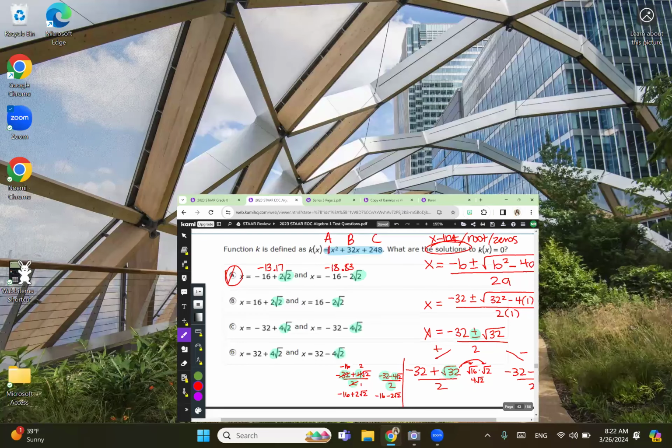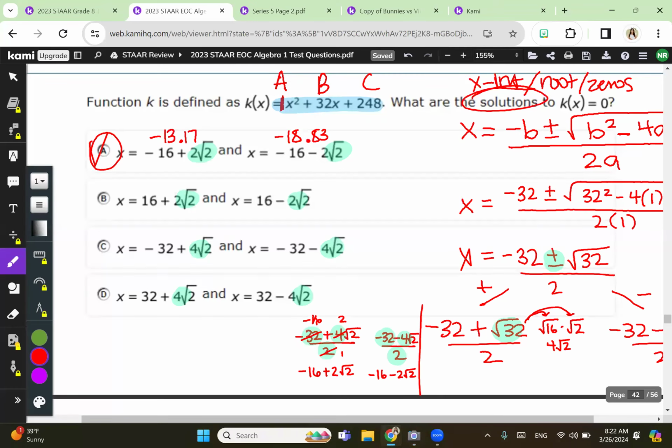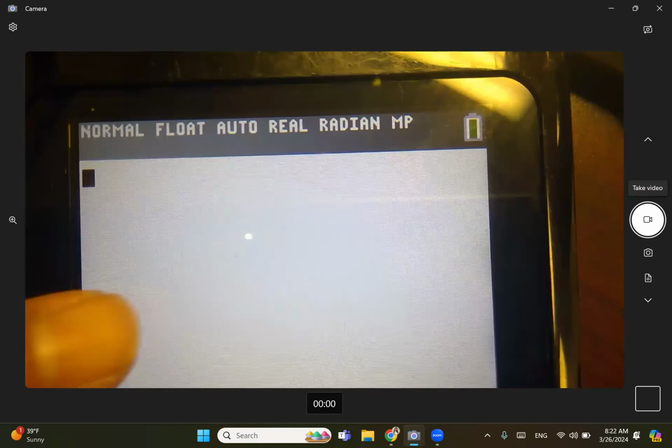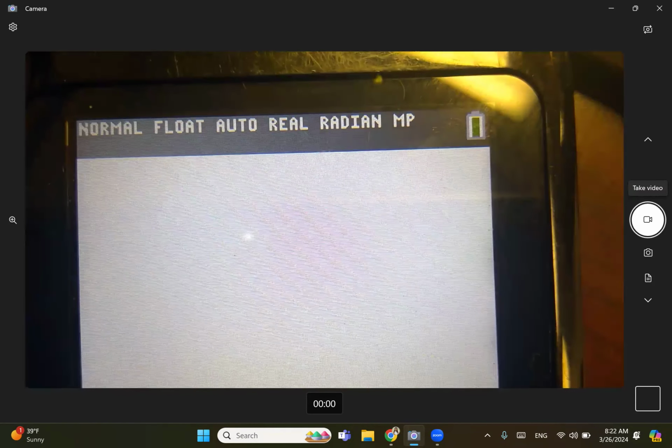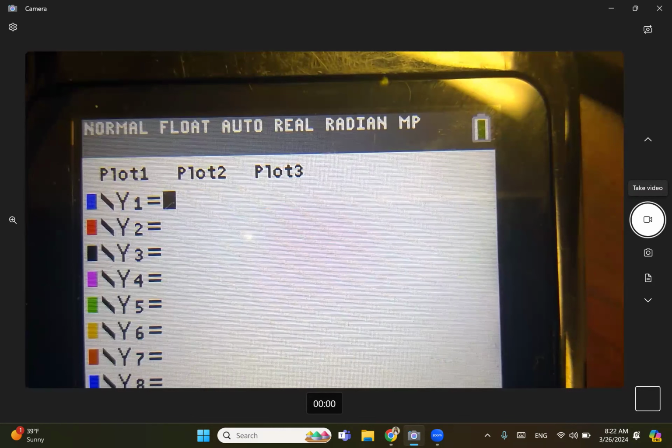If you type this equation into your calculator, you can also find these. So we're going to go to y equals and type in that equation: x squared plus 32x plus 248. I don't like it flipped. Clear this out.